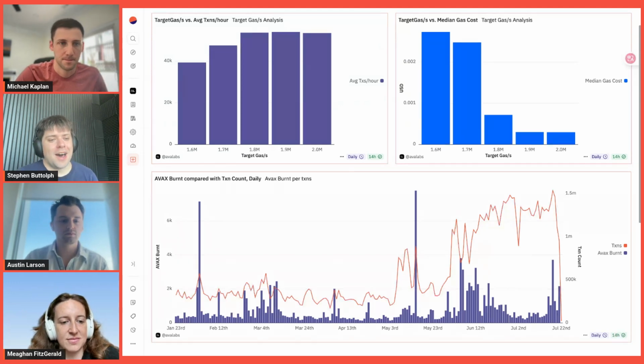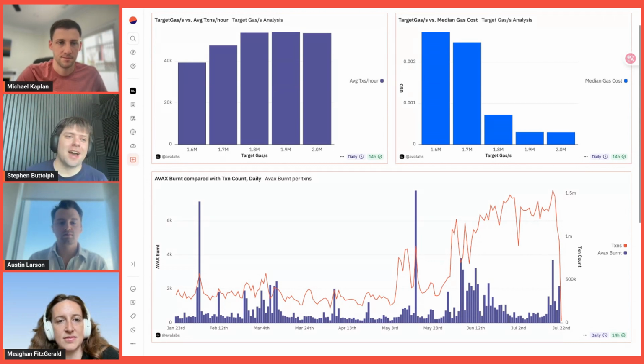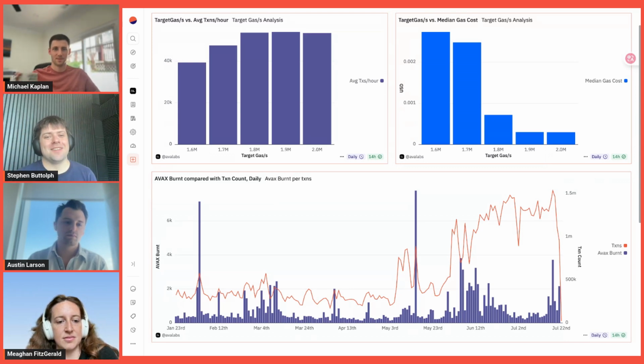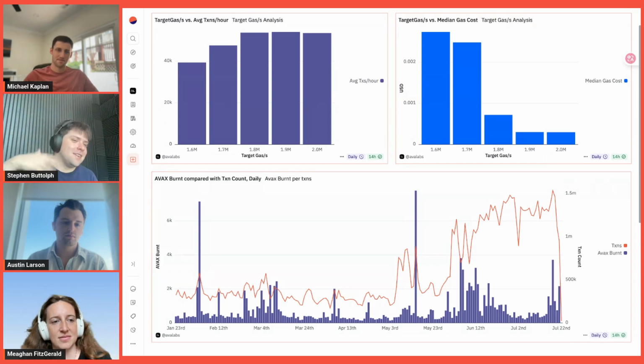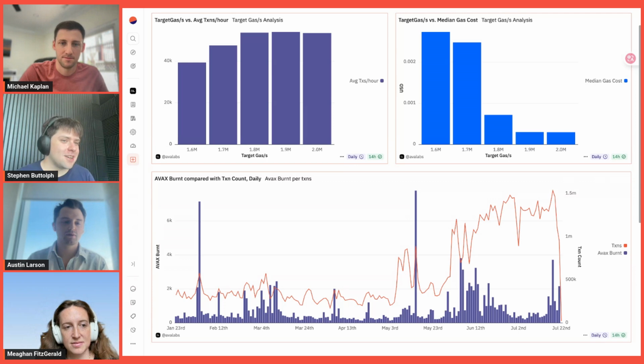Yeah, there's a lot of variables that go into measuring a live system like this. As the target gas is increasing, we have this great graph where the median price is decreasing. I'm half expecting that at some point we're going to increase it and it's going to just rip up, and that can happen just because the demand on the network is shifting as well, right?